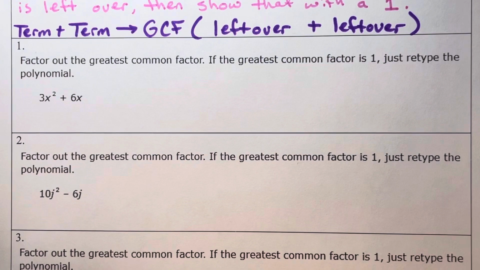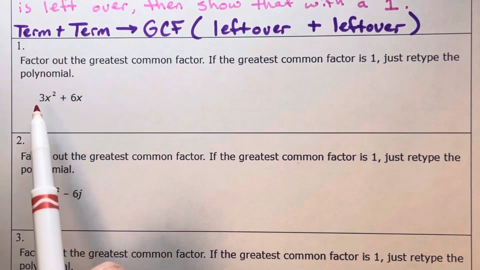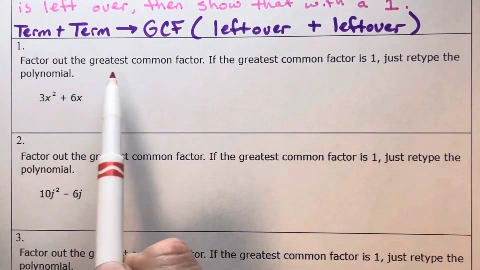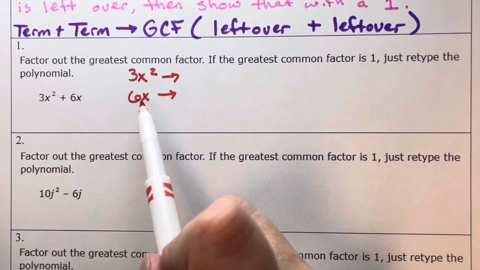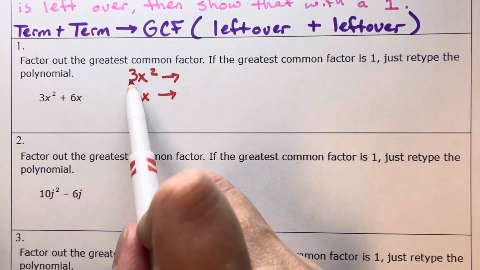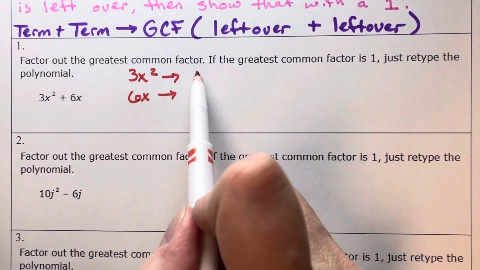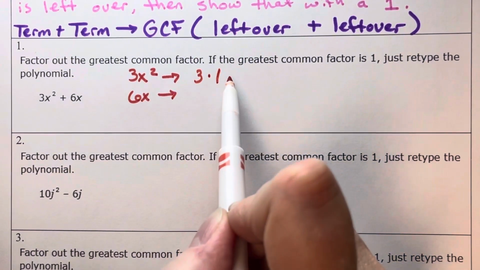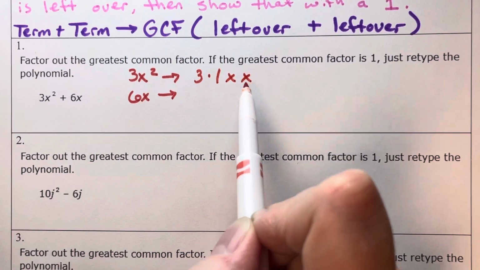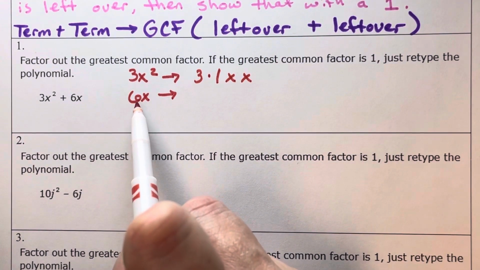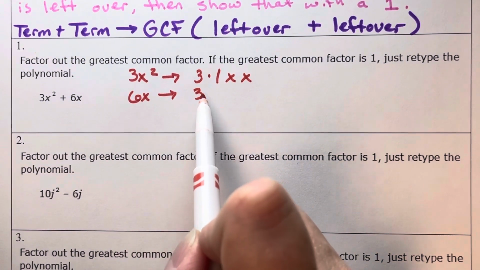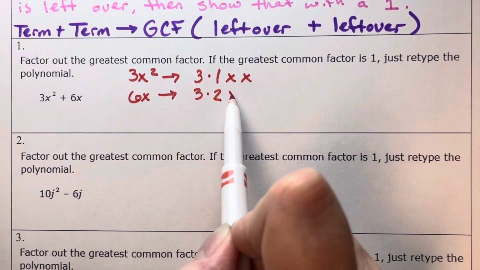Here in example 1, let's factor these two terms using their greatest common factor. So let's find the greatest common factor first. 3x squared comes from 3 times 1 times x, while 6x, and you want to break this all the way down into just primes, comes from 3 times 2 times x.